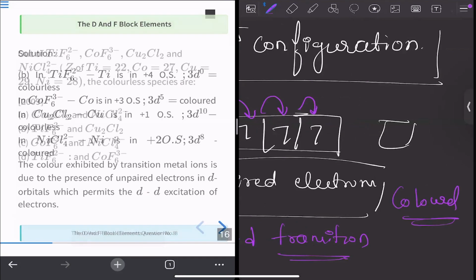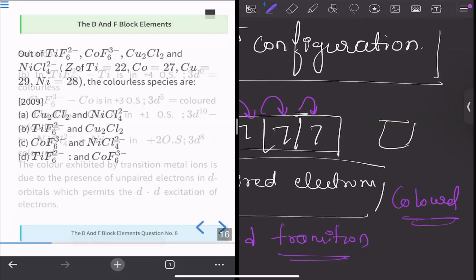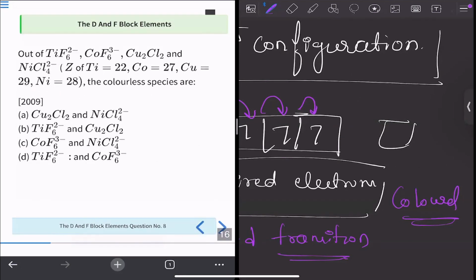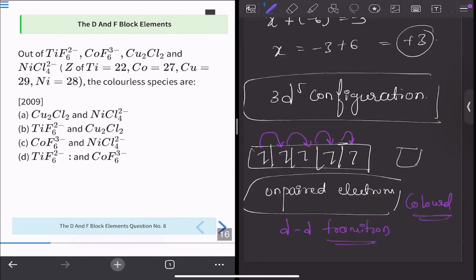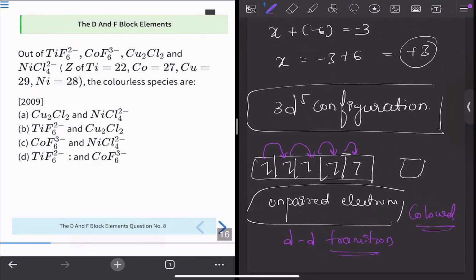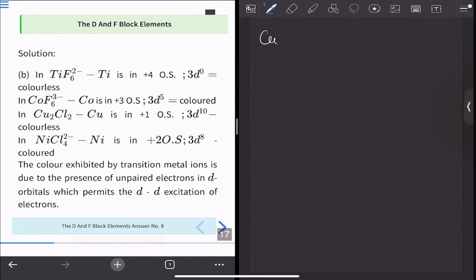It is a colored compound. And the next one is Cu2Cl2. In Cu2Cl2, the copper is present in the plus 1 oxidation state. Cl is minus 1, so the total for chlorine is minus 2.